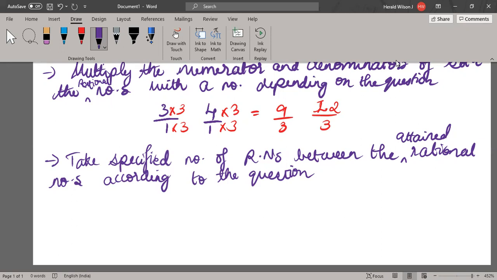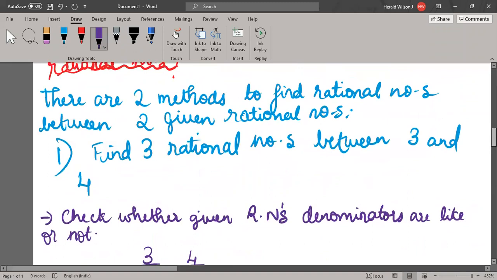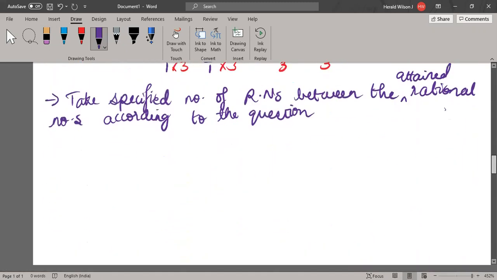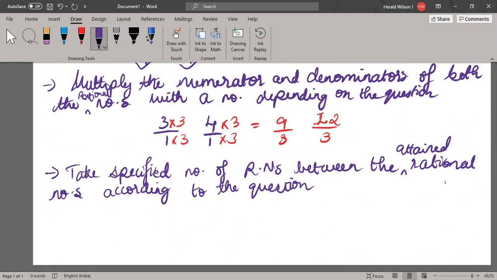Got it? So first of all, let's go back to the question. Find three rational numbers between 3 and 4. Can I take 3 rational numbers between 9 by 3 and 12 by 3? Absolutely not, right? Because between 9 by 3 and 12 by 3, I'm only going to get 10 by 3 and 11 by 3.